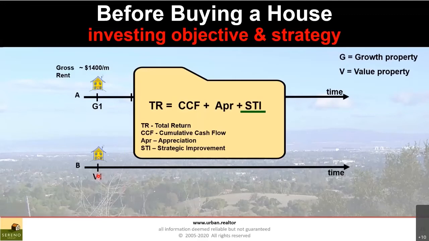Strategic improvement is what I refer to as buying investment properties in areas where the cost of the land is very expensive, like California, like Silicon Valley.